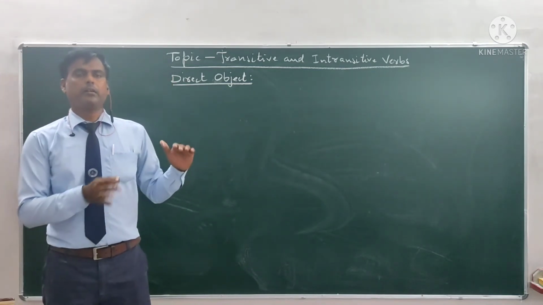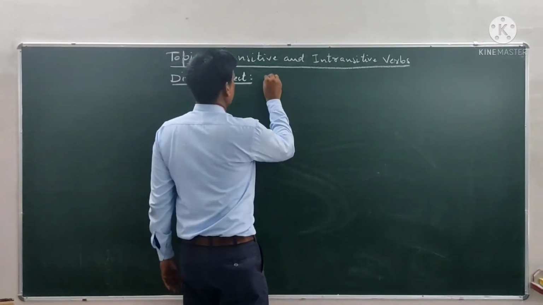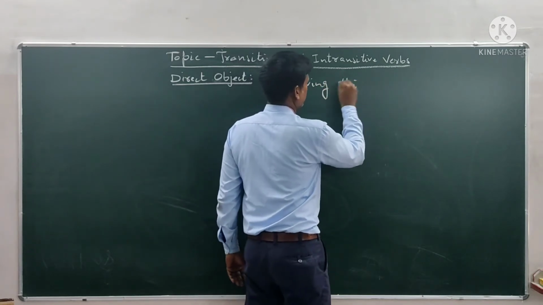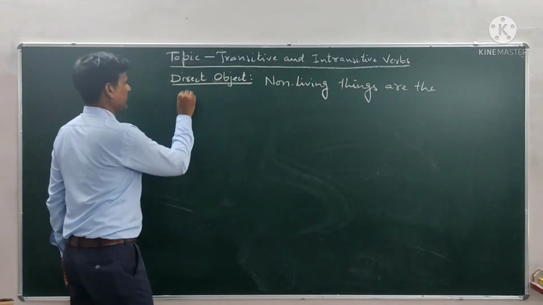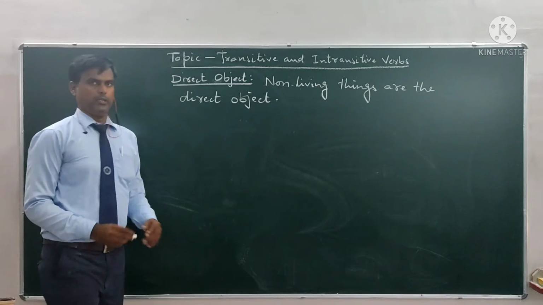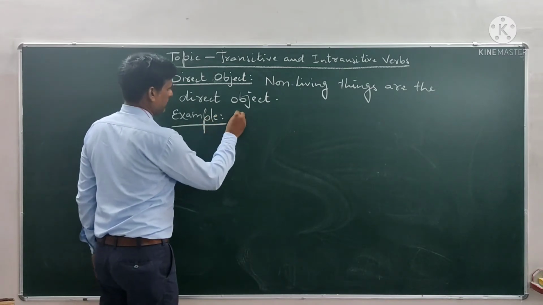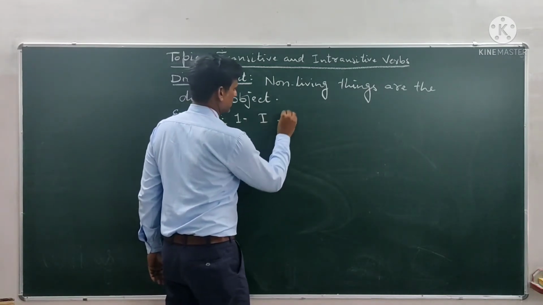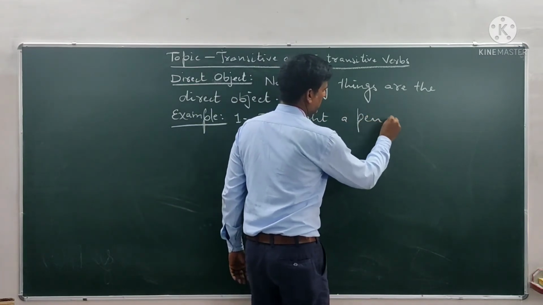So we can say that non-living things are the direct object. For example, I bought a pen.